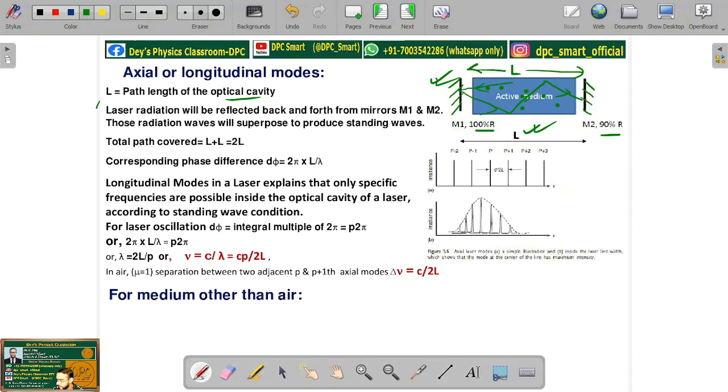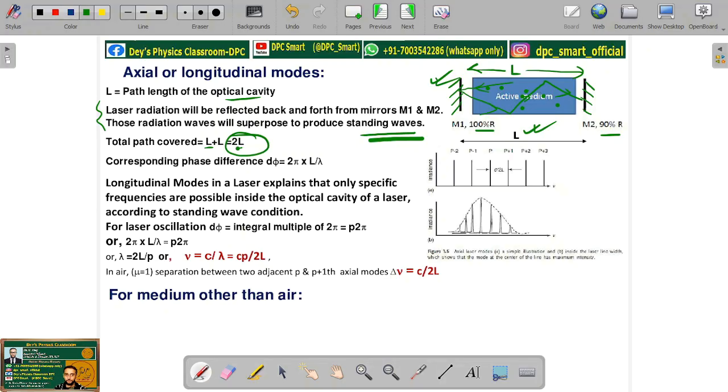Laser radiation will be reflected back and forth from the mirrors M1 and M2. Those radiations will superpose to produce standing waves. The total path covered by those standing waves would be L plus L, that is 2L.